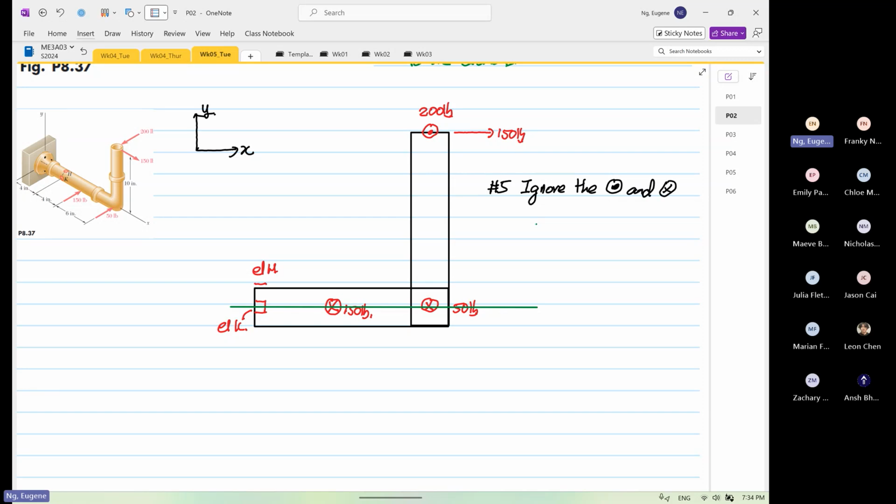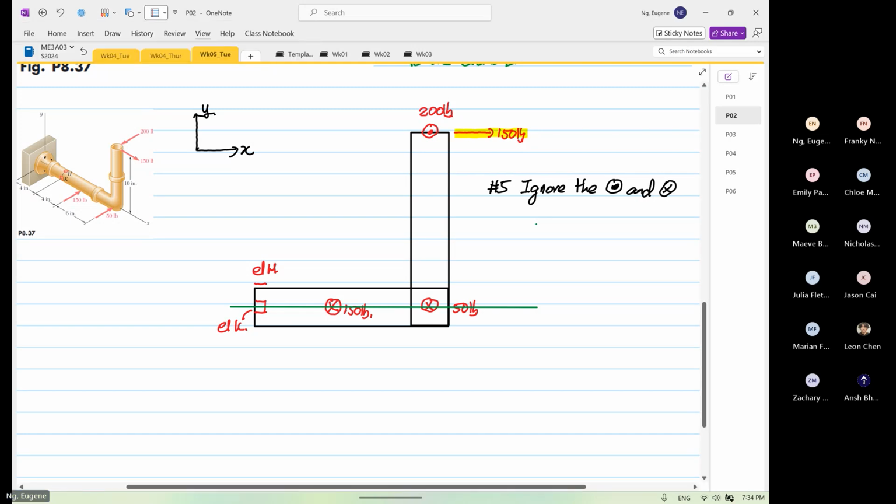Okay, don't analyze anything that looks like a dot and a cross. Don't analyze them yet. Okay, so we only analyze from this view. We only analyze an arrow like this. Okay, we just do that.